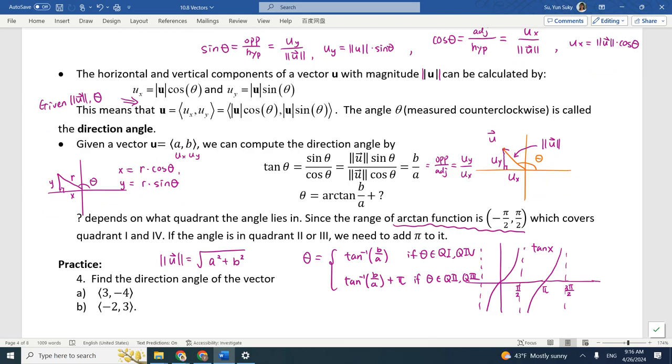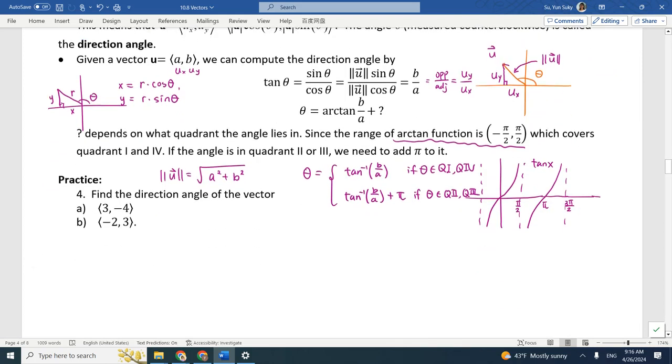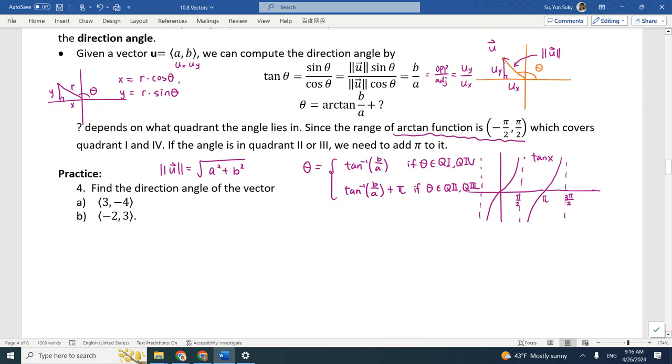So given the magnitude and the direction angle, we can find the component form. The opposite, if we are given the component form, we can find the magnitude and the direction angle. So it's a two-way process. Let's see examples of both directions.